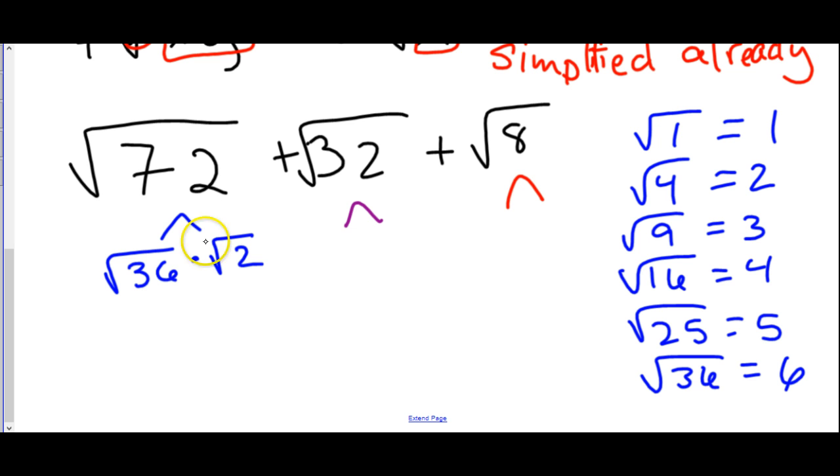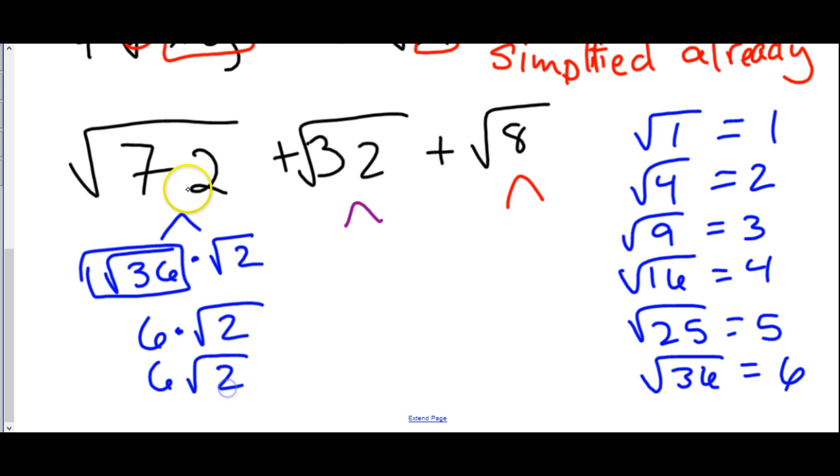I'm splitting 72 up using multiplication. I use a perfect square because now once it's split up, I can do the square root of 36 to get 6. So 6 square root 2 would be the square root of 72 simplified.